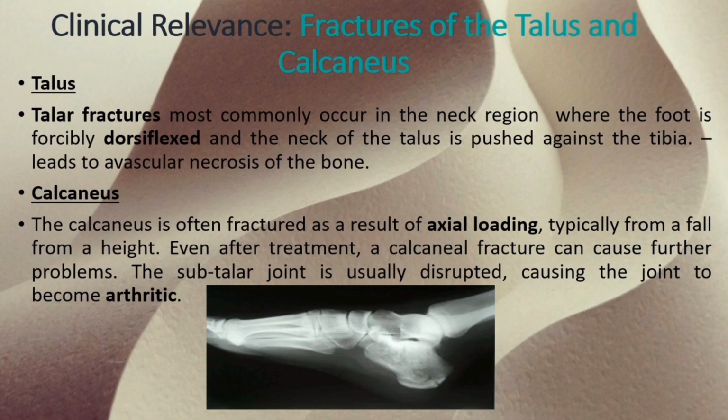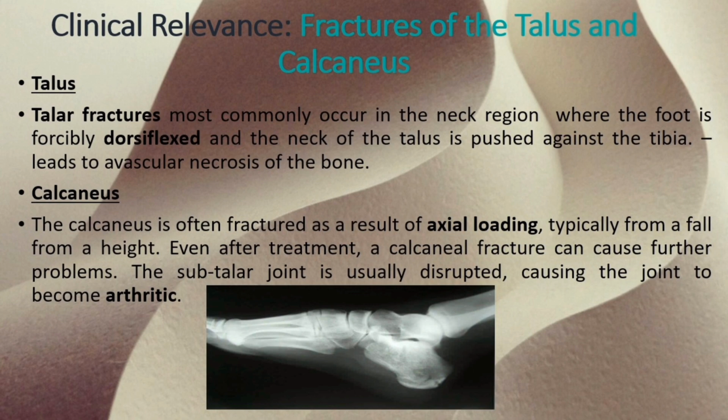Clinical relevance. Fractures of the talus and calcaneus. The talus and the calcaneus are primarily involved in transmitting forces from the body to the ground and vice versa. This means they are frequently fractured in high-energy trauma. Talus. Talar fractures most commonly occur in the neck region, 50%, but can also occur in the body or lateral process.